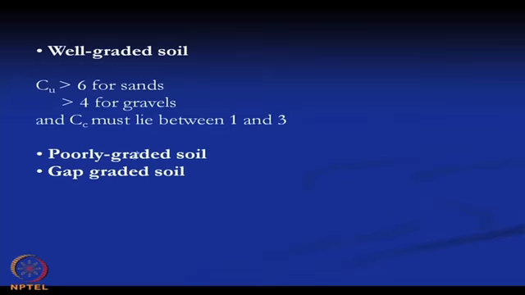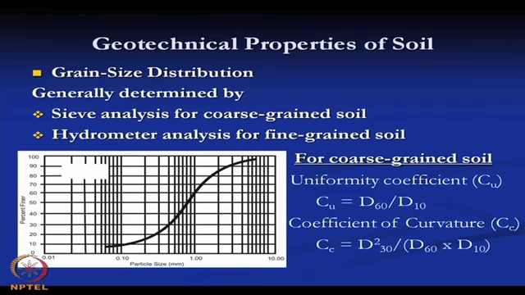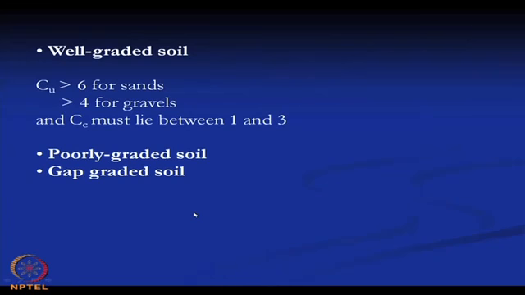Whereas for the poorly graded soil, one particular range of the particle size is excessively present in the soil. So, the curve will not be a flat one, it will be a steep one, because one particular particle size is excessively present. That type of soil is called poorly graded soil.